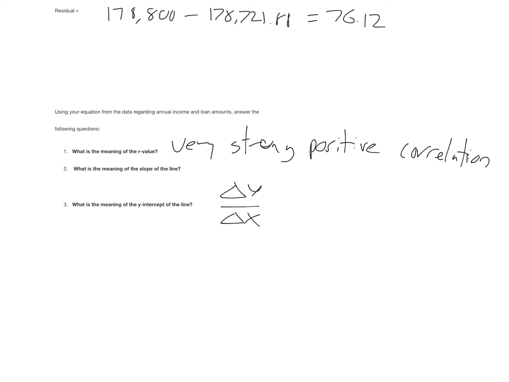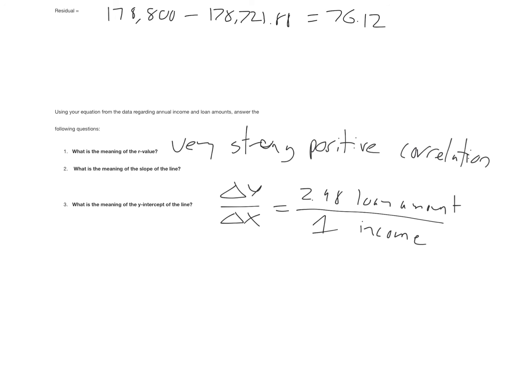And my slope in this case is 2.98, and that's loan amount over 1 income. And they're both in dollars. So basically what we're saying is for every $1 of income that we make, they're going to be willing to loan us $2.98.